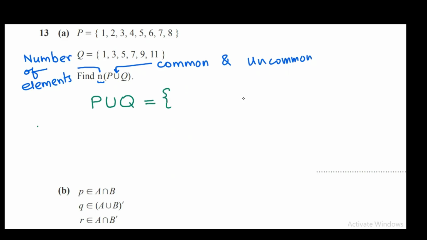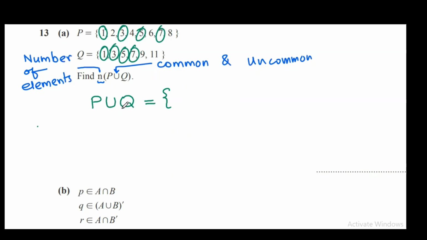Mark all the common elements in the set P and Q. So the common elements are 1, 3, and 5, 7. There are 4 common elements here in these sets, and 2, 4, 6, 8, and 9, 11 are uncommon.